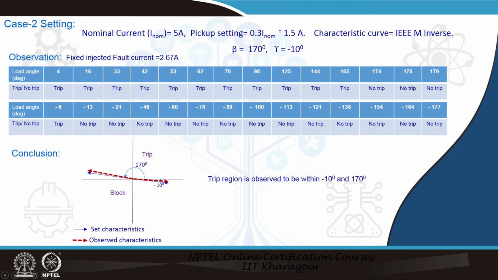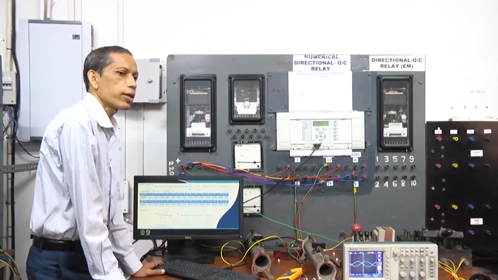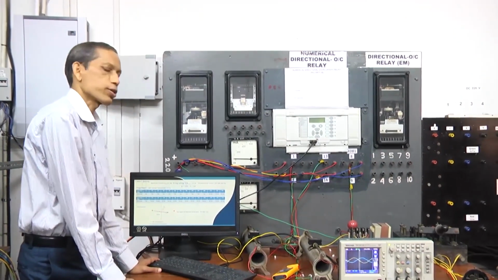Thus, overall we can conclude that the directional overcurrent principle followed here is in agreement with the requirement, and the P138 MiCOM relay is functioning properly as expected for this case. Thank you.